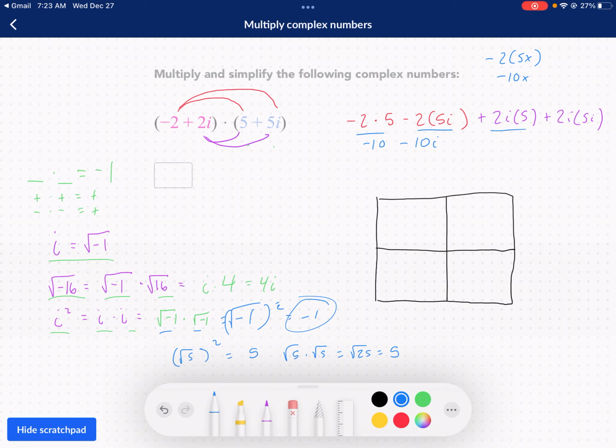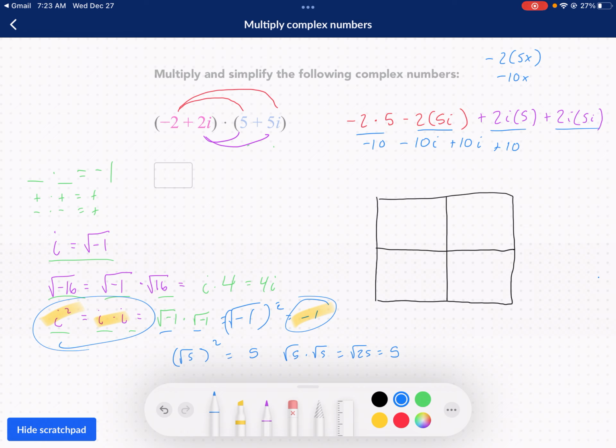The next one, same thing I just described, we're going to get 10i. And then for the second part, this is where it gets tricky, because 2 times 5 gives us +10. But then we have i times i, and we already talked about that. If we have i squared, i times i, we get -1.